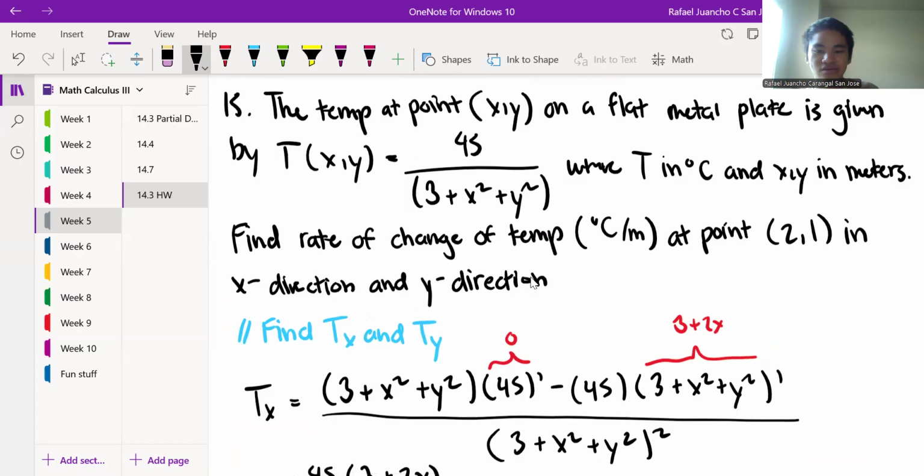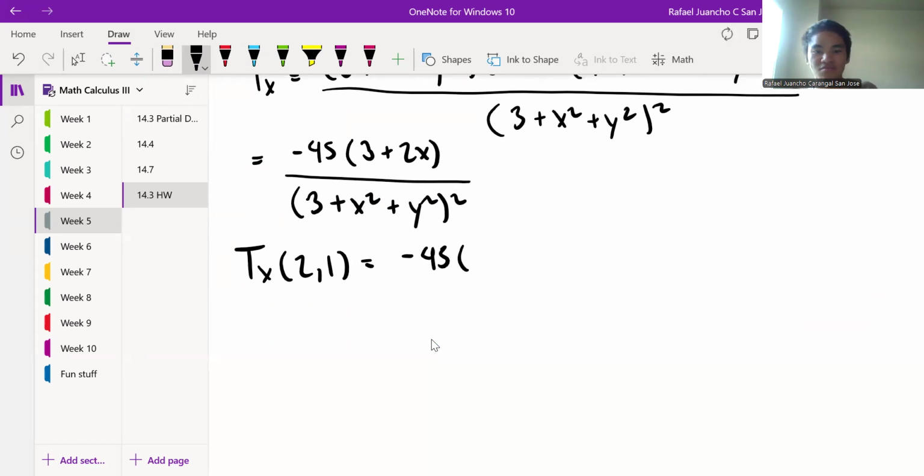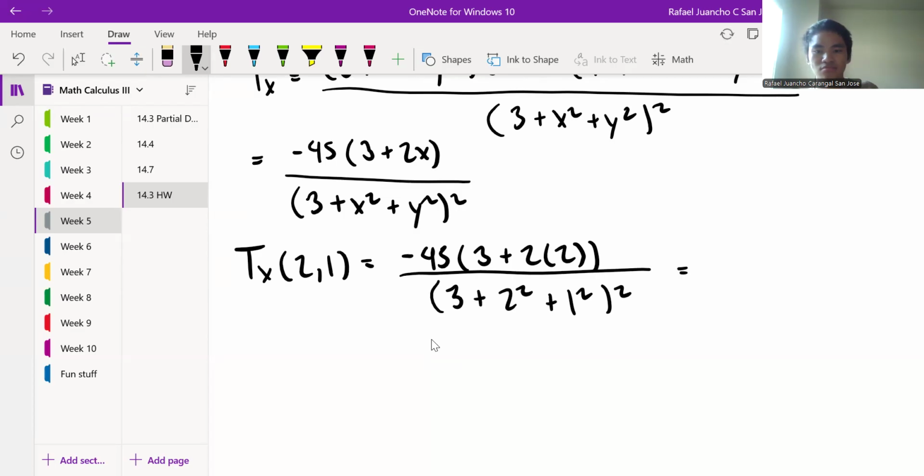And now let's find it at particular points. Right? So let's do it. T sub x specifically at that point. Well, here we just plug in. What is this? 4 plus 7 plus 3, that's 7.